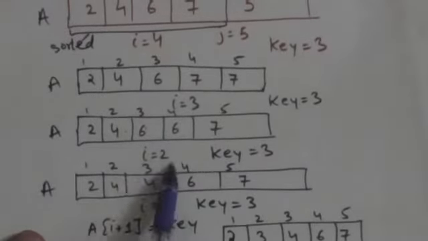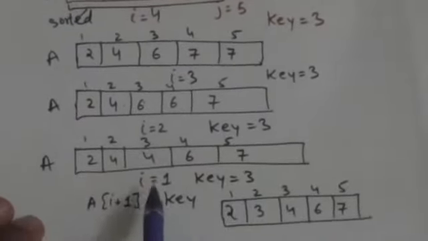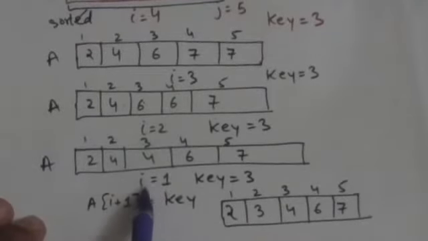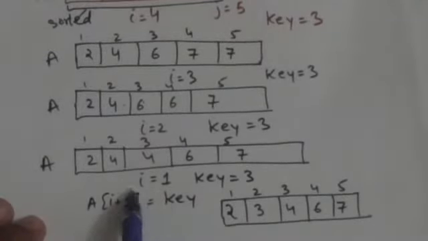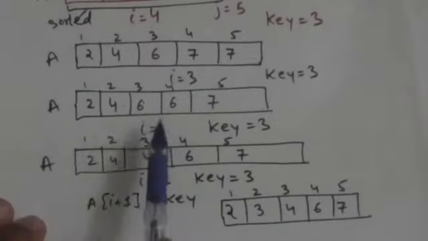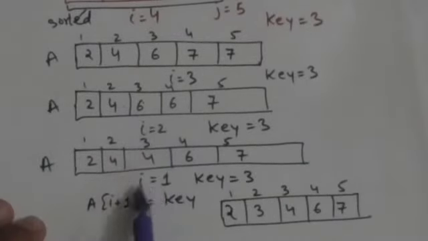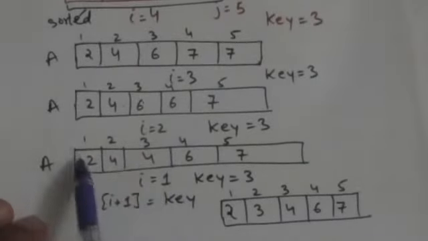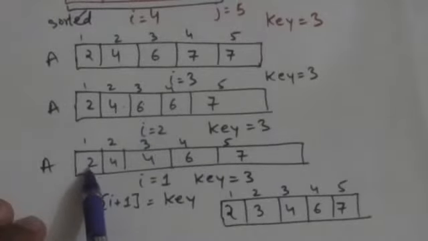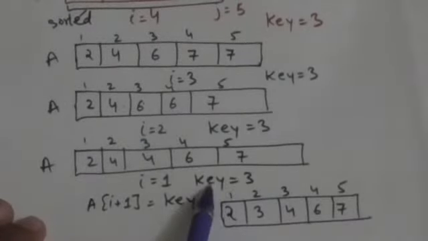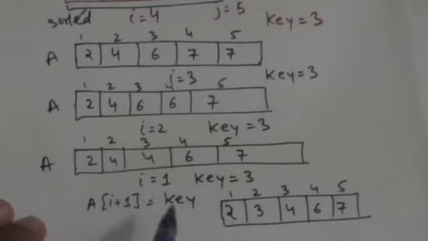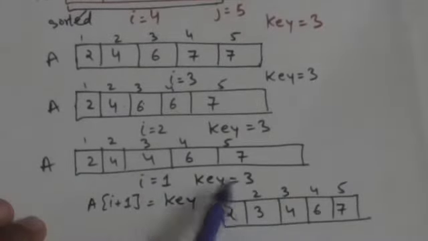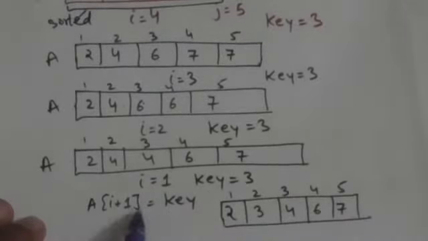Now we will decrease the value of I by 1. Now the value of I has become 1 after decreasing it by 1. Now the value stored at index 1 is 2 and it is lesser than key. So we will store this key at index I plus 1.